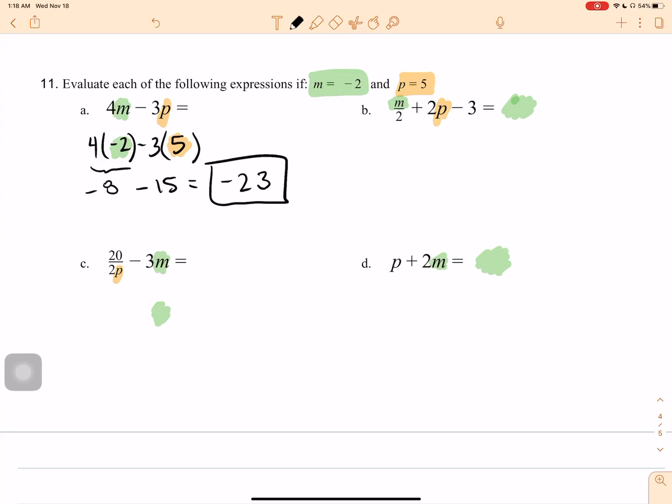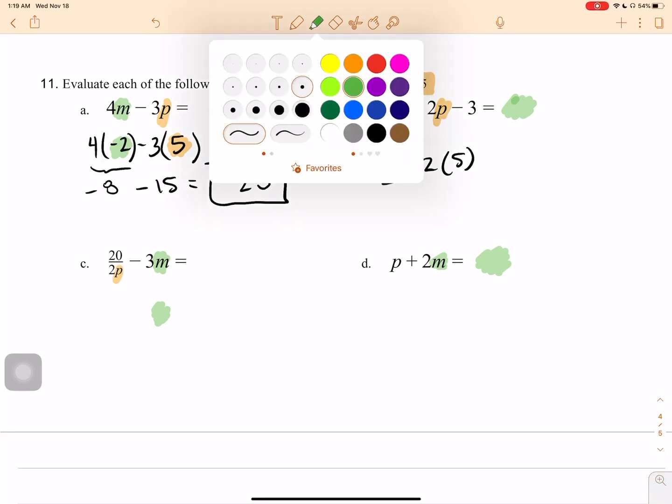Alrighty, so here we have m divided by 2. That does work good. -2 divided by 2. Because that green up here is the m, and that's what we're plugging in. And then plus 2 times 5, because that is the orange.